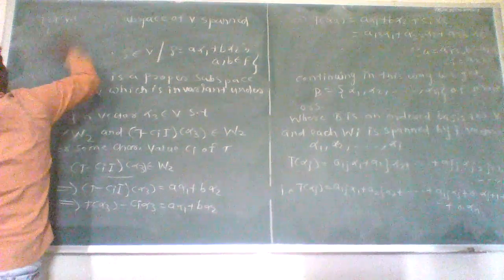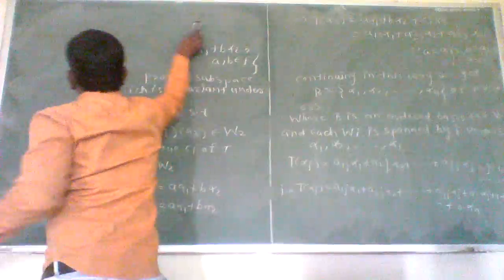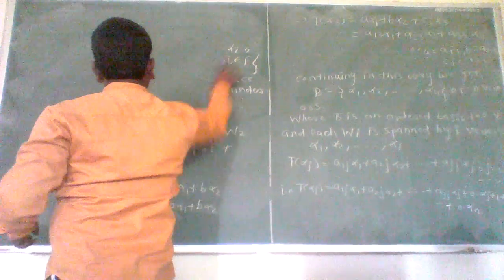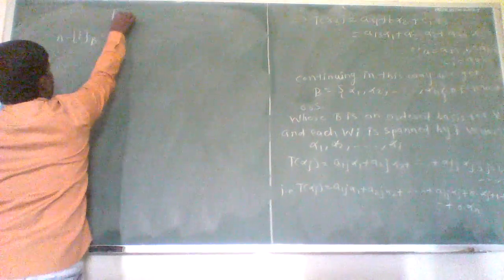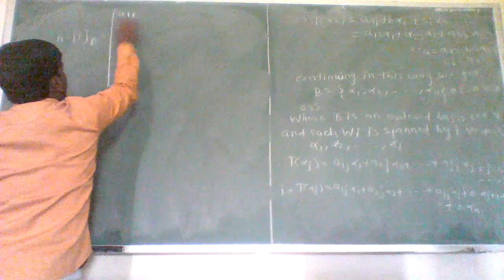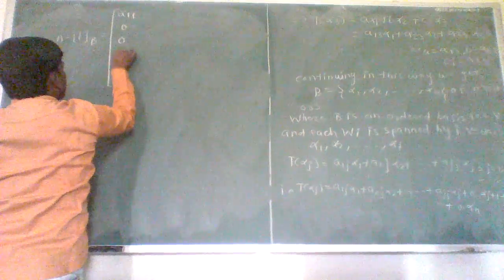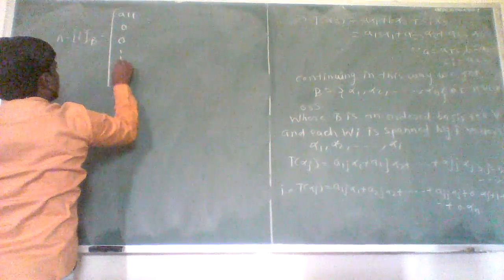So now this type of equation has the matrix form. Therefore, the matrix of linear operator T with respect to ordered basis B is given by A. First one, W1 contains only one vector, which is A11, and remaining are 0.